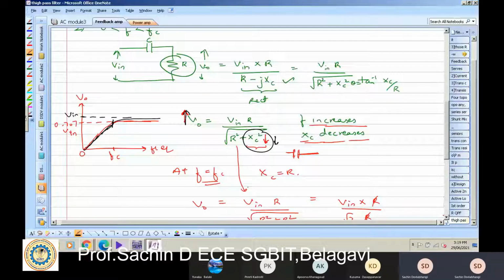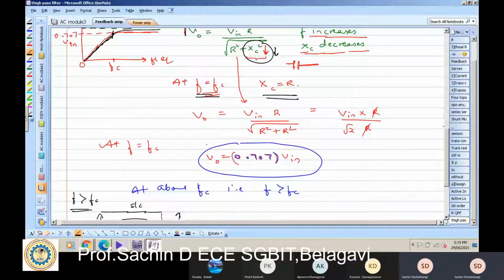Here Fc means Xc equals R. So I'll write Xc as R here. So what did I get as output voltage? Output voltage is 0.707 into Vin. So here it is going to increase up to 0.707 into Vin.